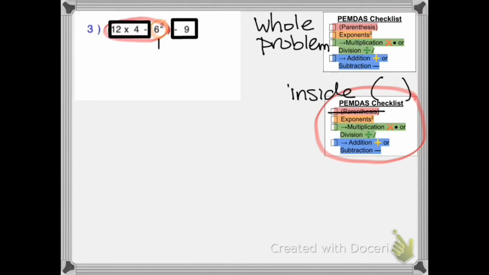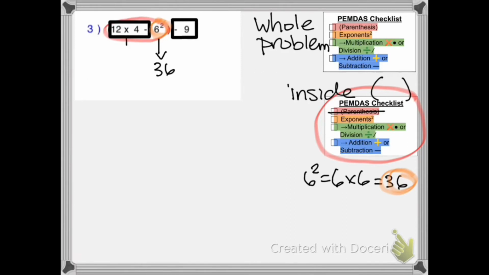So 6 squared, again, very similar to number 2. I'm going to put this down here. 6 squared is the same as 6 times 6, which is 36. So that's going to be 36 right here. That 36 over here replaces everything that's in that orange circle right here.